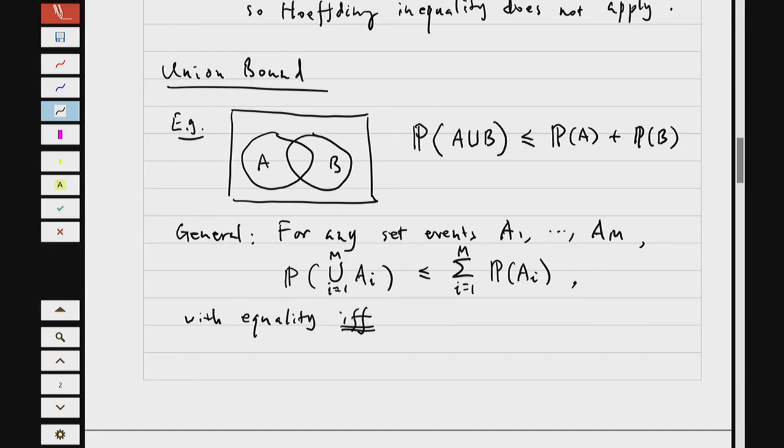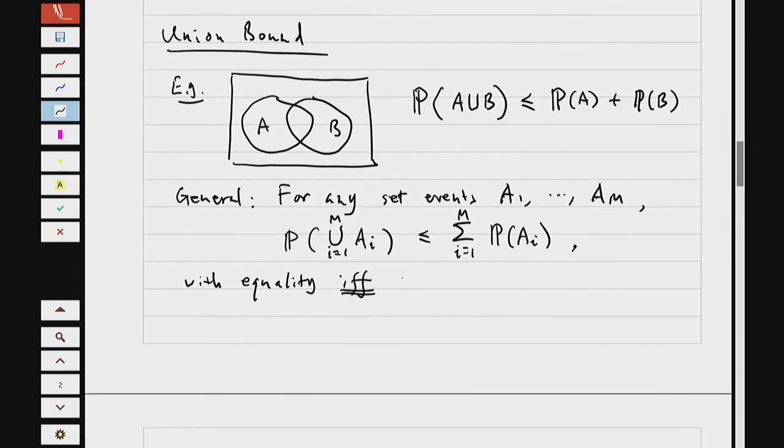If they don't overlap, there's no double counting, so they are exactly equal. So, if and only if A1 to Am are mutually exclusive. It's just a fancier way of saying that they are disjoint, they do not overlap.